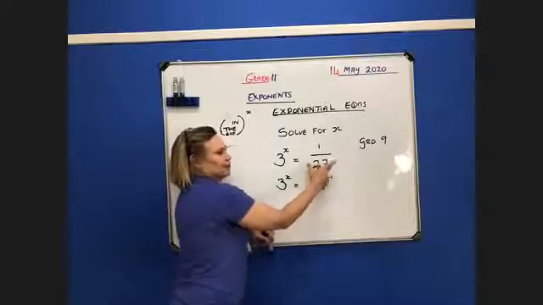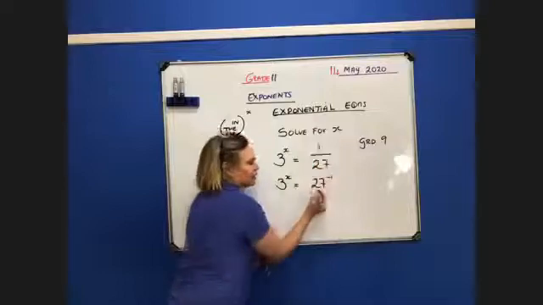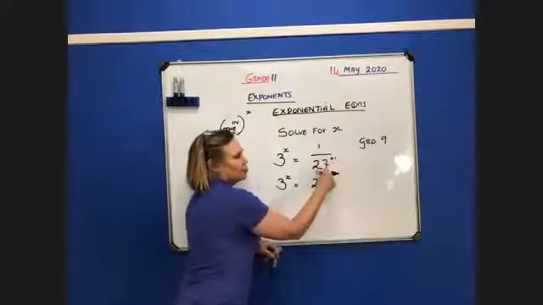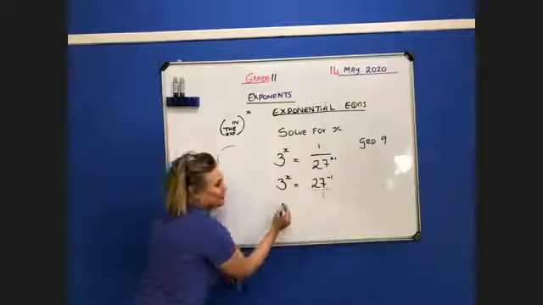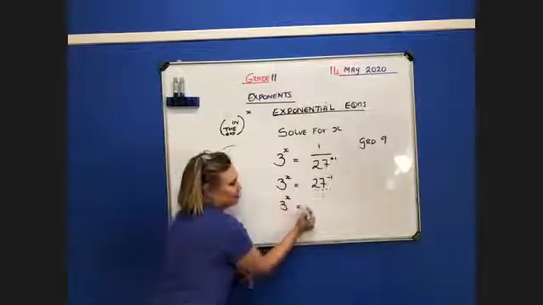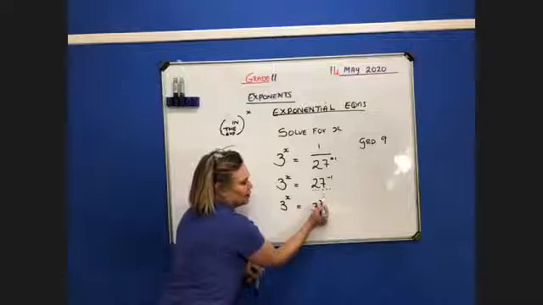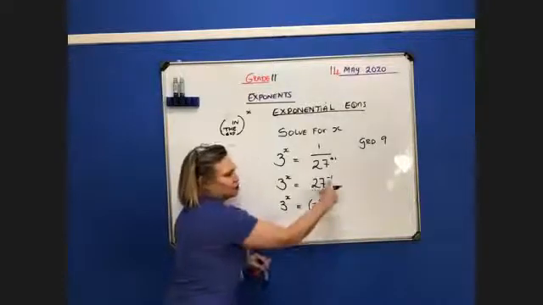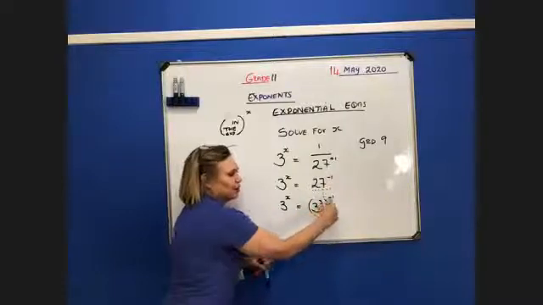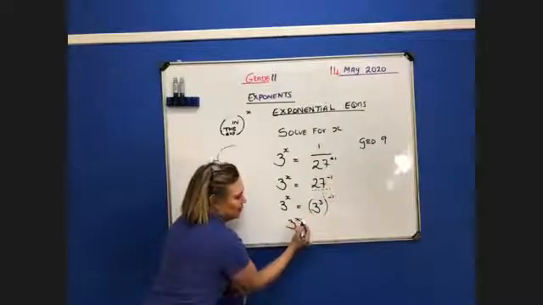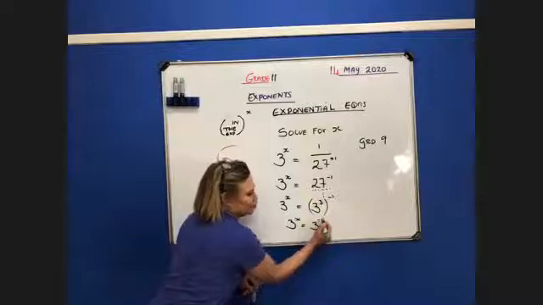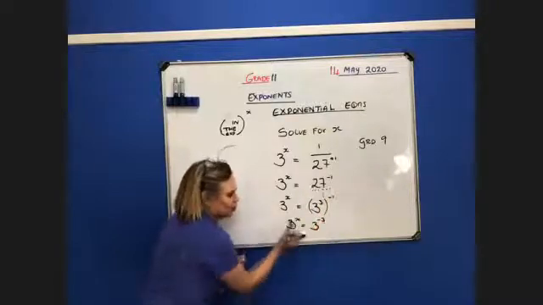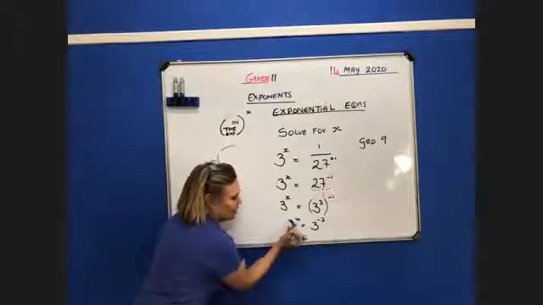So by putting that up there, it's now over 1, and the positive 1 exponent becomes negative 1. But then I can break 27 into 3 to the power of 3, but it still has the negative 1 exponent. If you have an exponent raised to an exponent, you multiply the exponents, and you get 3 times minus 1 is minus 3. Do you notice the bases are the same?